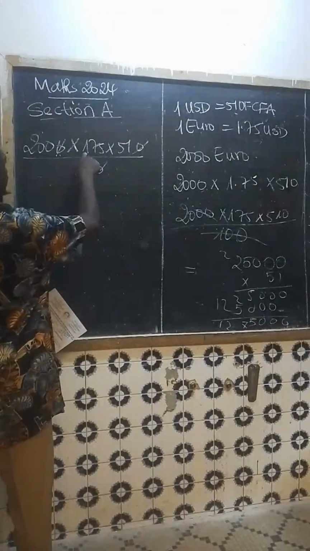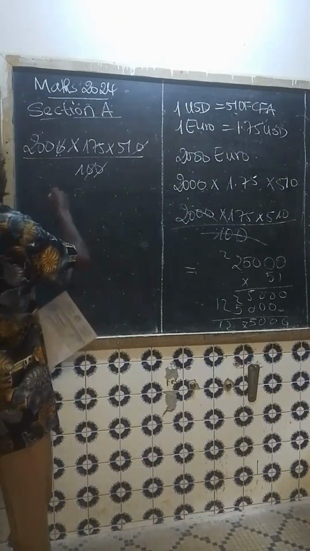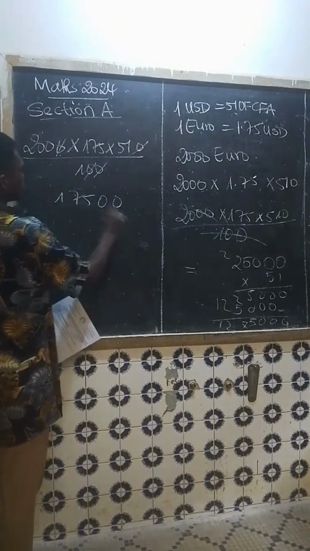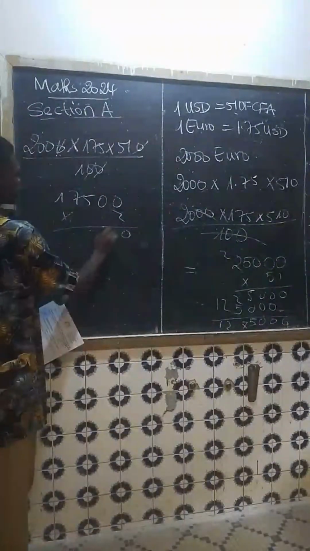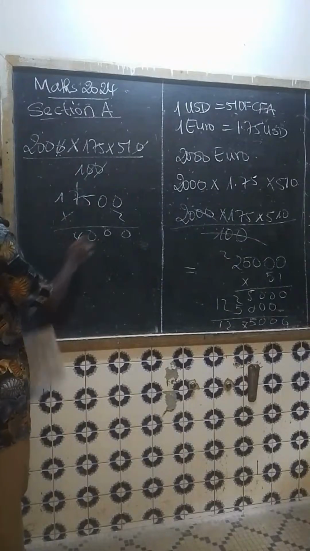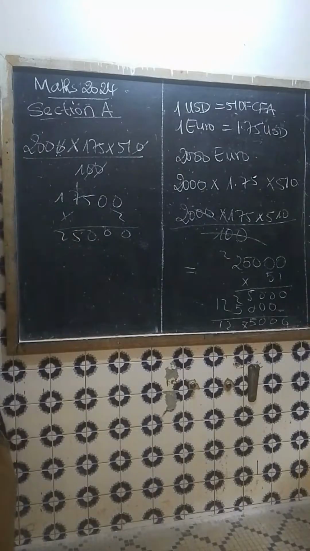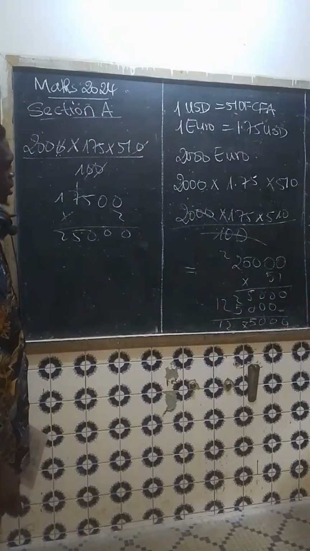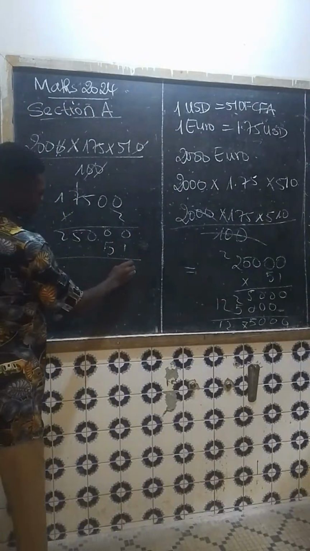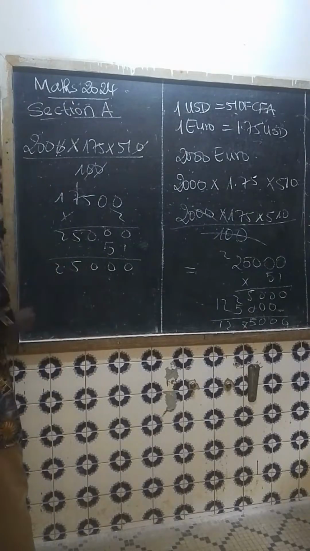So you have 175 times 2. We add these 2 zeros. Let's multiply by 2. We have 25,000. Yes, we multiply by 51. We are almost coming back to the same thing. 1 times 25,000 is 25,000.